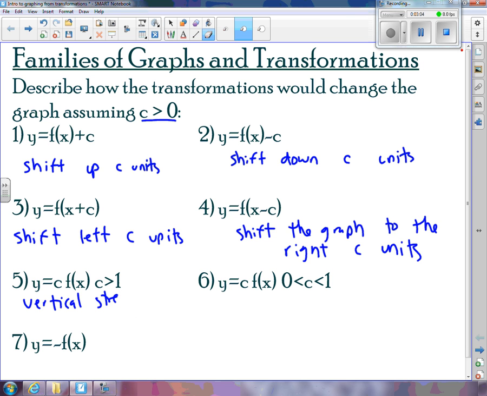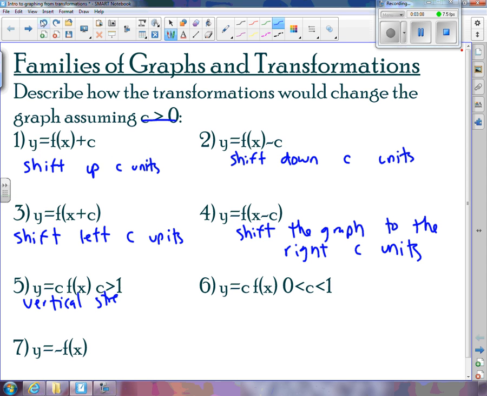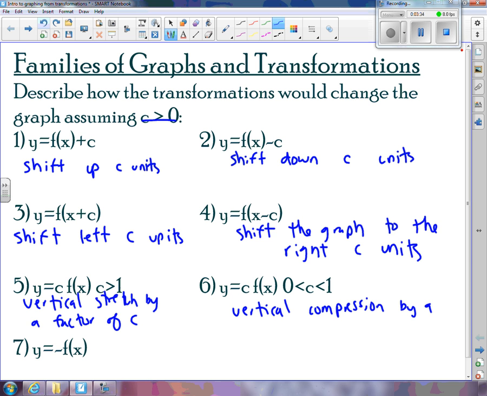It's going to be a vertical stretch by a factor of c. Now here we talked about the graph getting wider. So that means that this is going to be called a vertical compression, meaning that I'm going to squish the graph down by a factor of c.